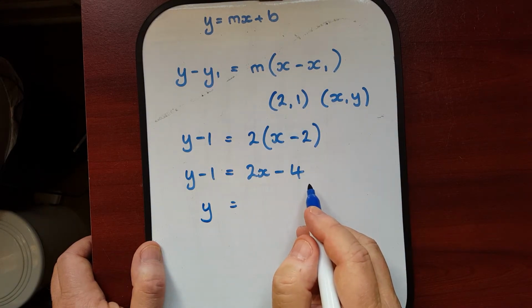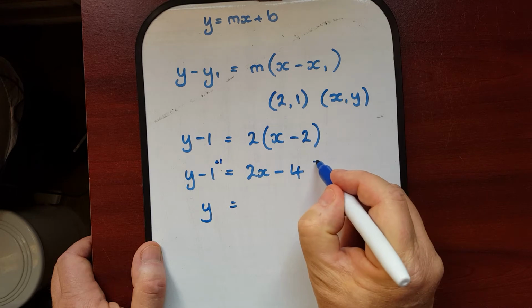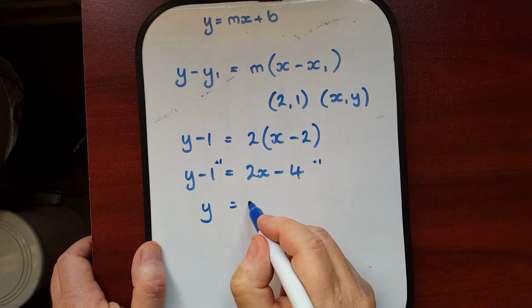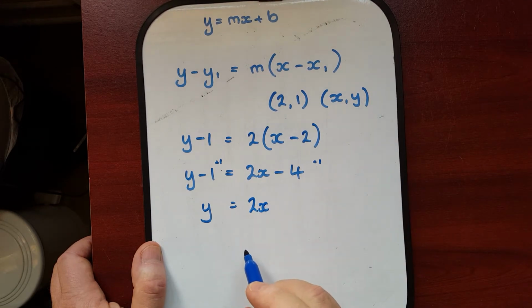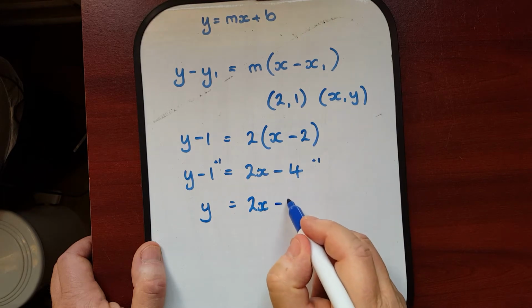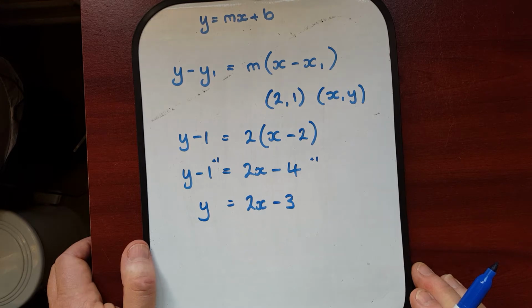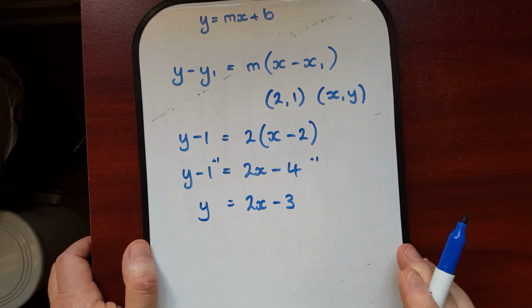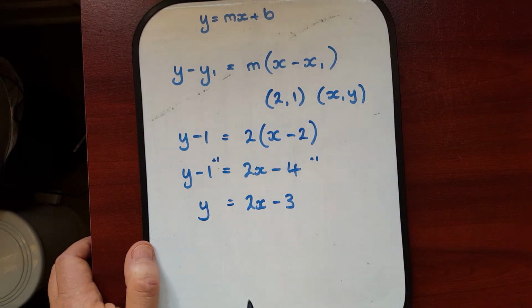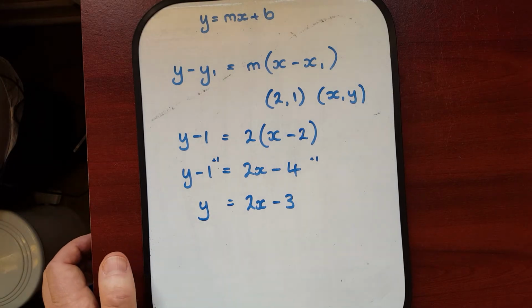We need to add 1 to this side. So we've added 1 there. We're going to add 1 over here. So this would be y equals 2x, add 1 to minus 4, becomes minus 3. And that's our new graph. That's now in the form of y equals mx plus c, y equals 2x minus 3.